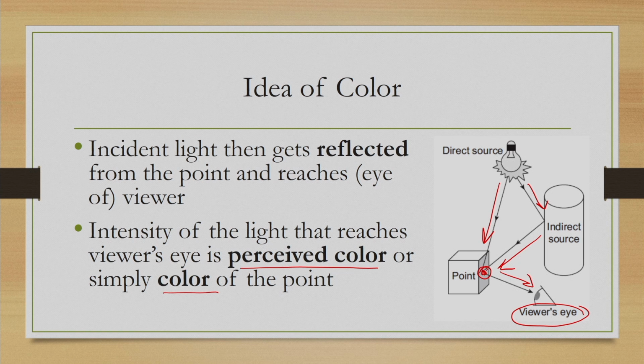So, after getting illuminated, the light is actually reflected from this point and reaches the eye of the viewer through this path. The intensity of this reflected light that reaches the eye actually is the perceived color or simply the color of the point. So, essentially what we perceive as color is the intensity of the light that is reflected from the point at which we are looking.